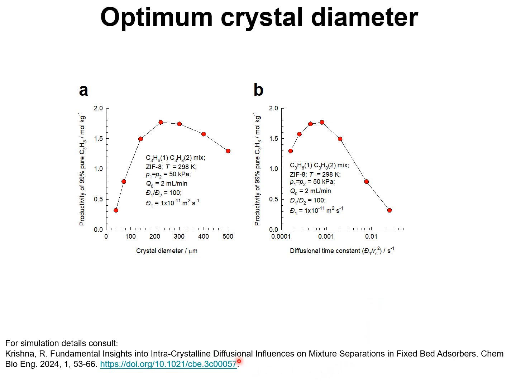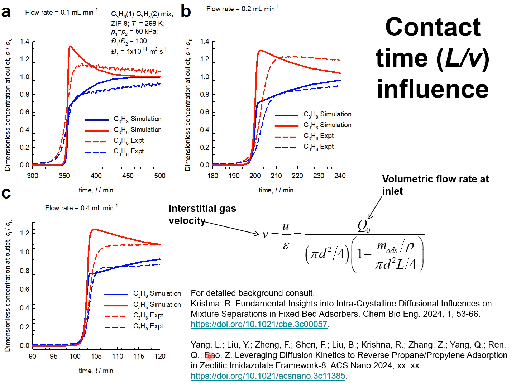The concept of optimum crystal diameter is discussed in detail in my paper in 2024 in Chemical and Bioengineering that is available online. A second campaign of experiments with varying inlet flow rates was conducted and reported in this paper in ACS Nano 2024.